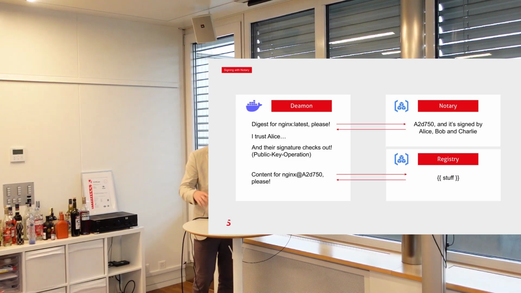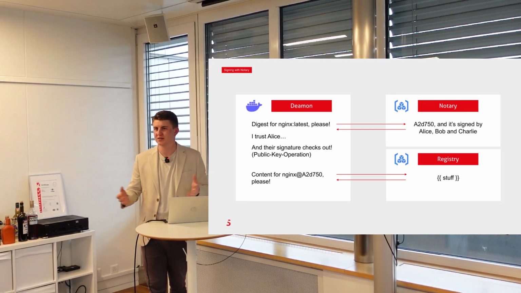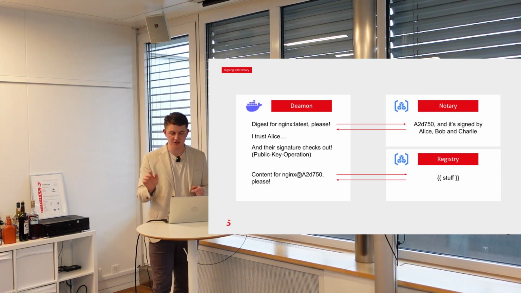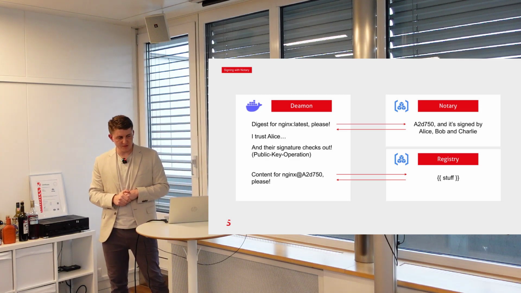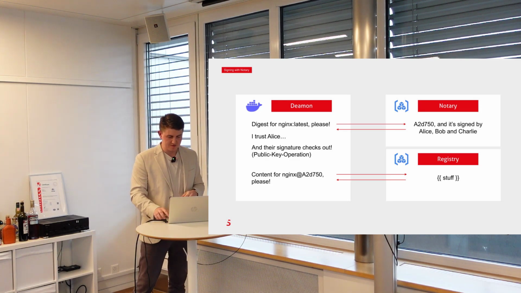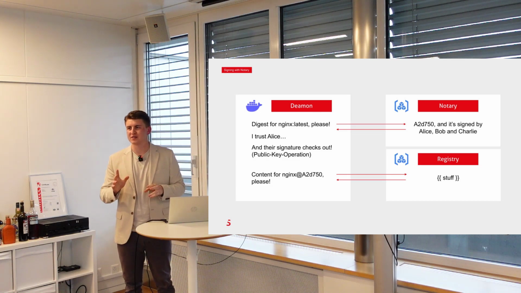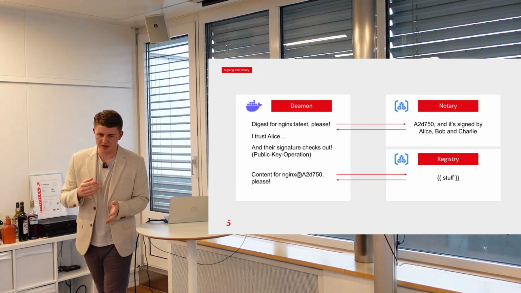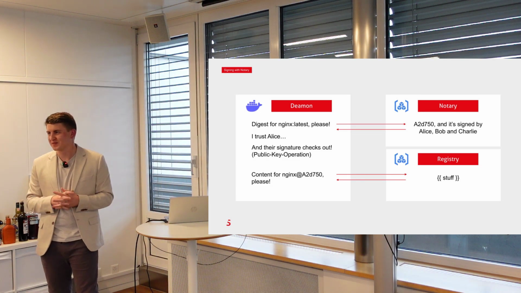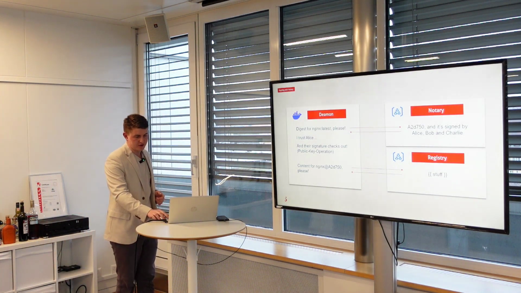We have onboarded Alice's public key to verify the signature of this image. Then we can say to the registry, please give me content for this digest. I have verified that that's the image I want, and the registry returns the content.